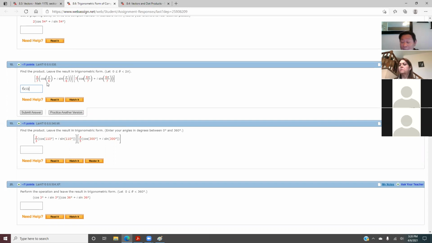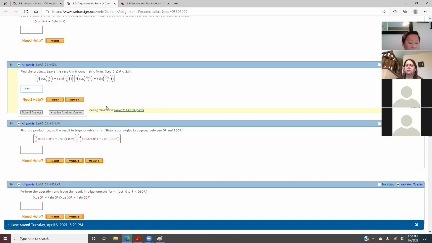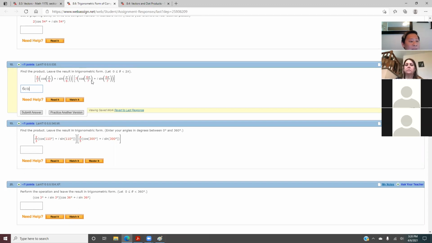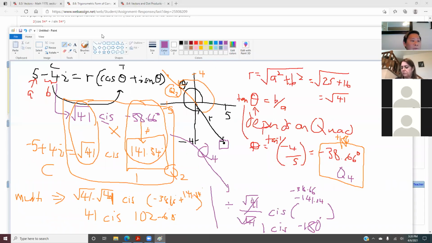And I want to point out to you that your online homework does not like CIS. So you actually have to type it out the same way as they have written it down. I'll show it to you. And angles, you need to add them. So you have to take pi over 6 plus 6 pi over 7. You guys know how to add these two angles up?